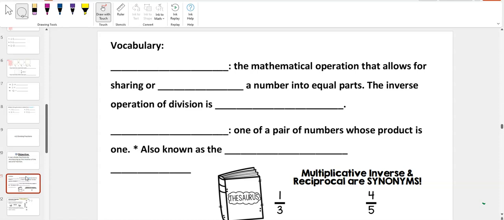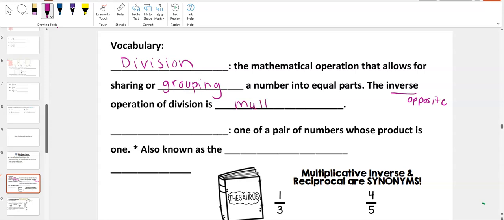The mathematical operation that allows for the sharing or grouping of a number into equal parts is called division. So with division, we are sharing or grouping a number into equal parts. The inverse or opposite of division is multiplication.